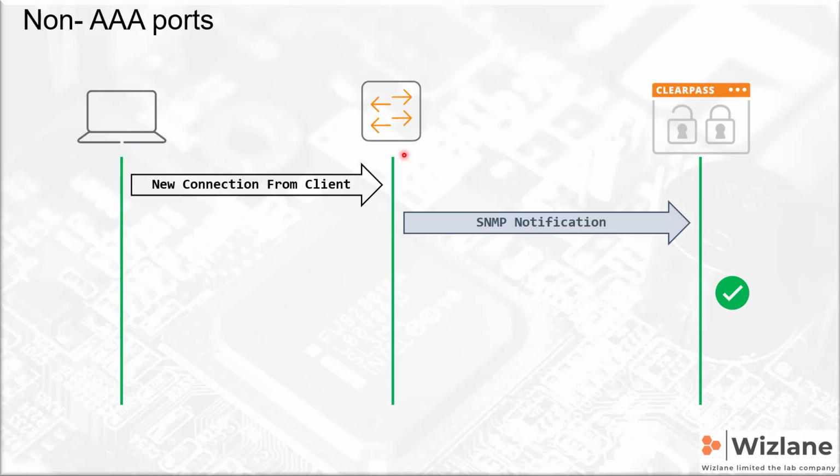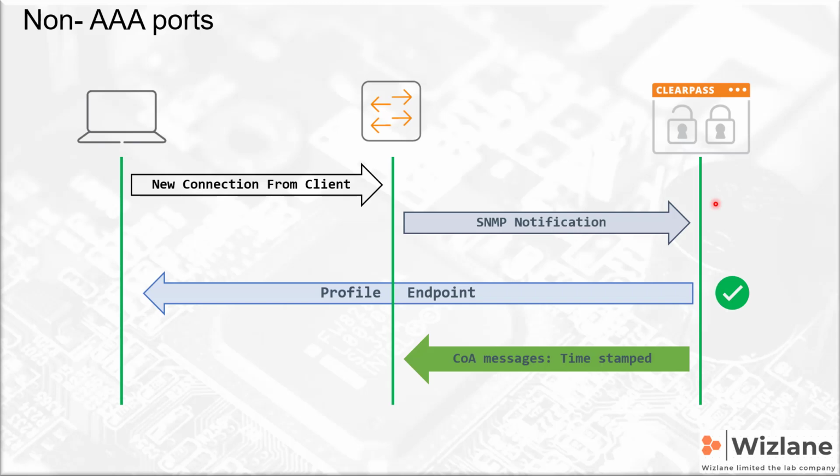What happens when the switch discovers a connection from that device, given we have already integrated these two using SNMP, either version 2 or version 3, is that a notification will be sent to ClearPass. ClearPass will be able to profile the endpoint. Again, remember, the endpoint in this case is not restricted. It has already picked up an IP address. So the endpoint will be profiled by ClearPass.